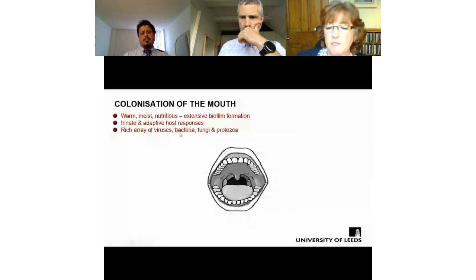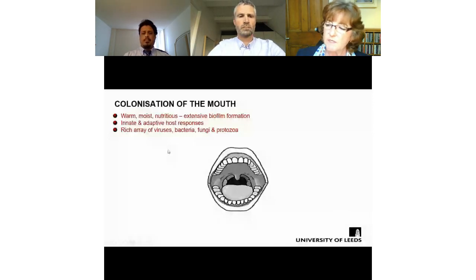So the sites for colonization include mucosal sites, some of which are keratinized, like the gingivae, the gums, and the hard palate, and then the non-keratinized surfaces like the cheeks, the lips, and the soft palate. But then the mouth is really unusual in terms of the human body in having, in microbial terms, huge permanent non-shedding surfaces, which are the teeth.